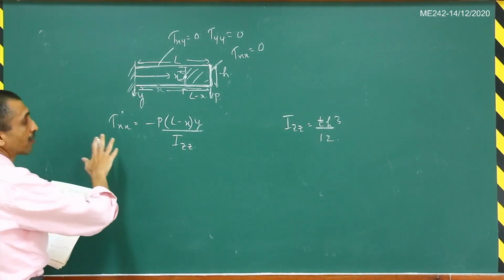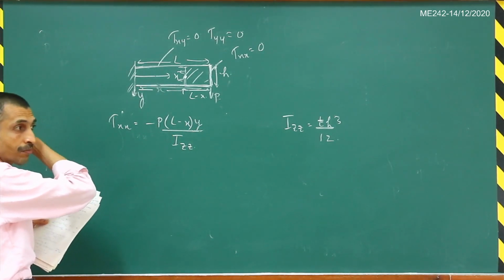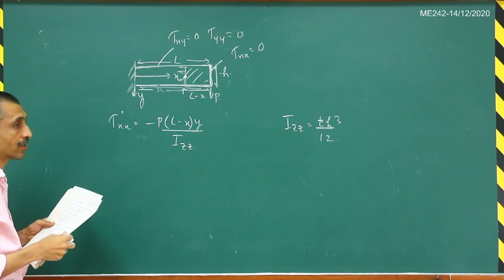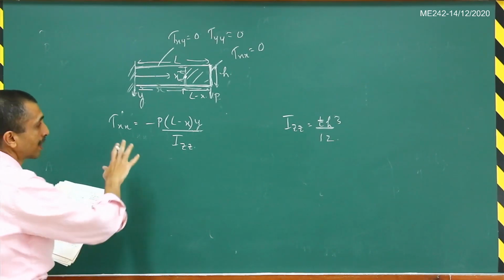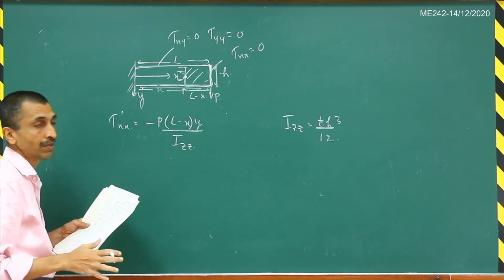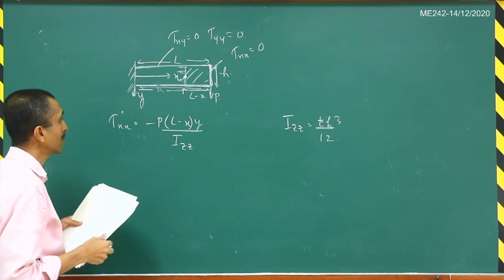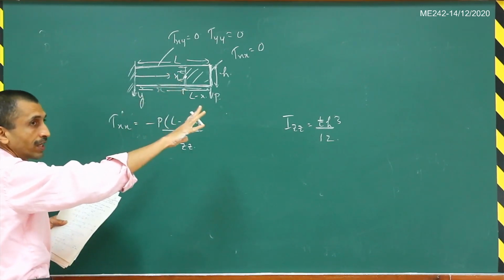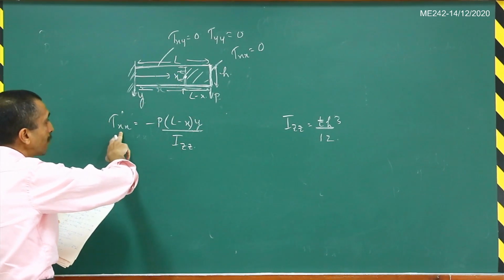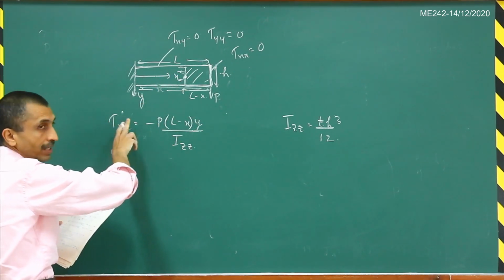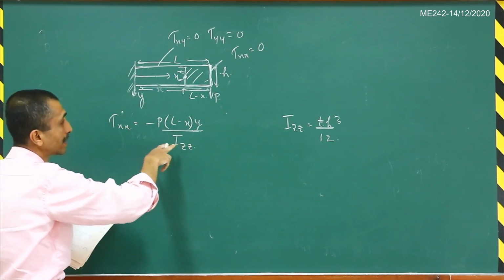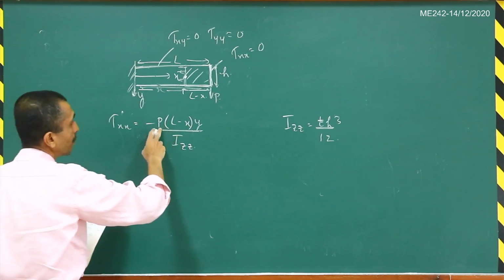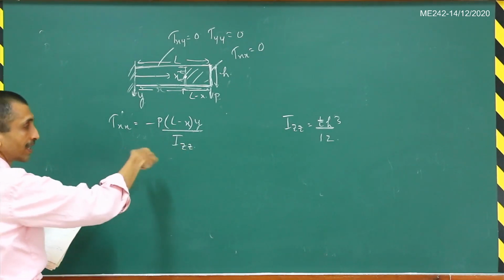Now see, we have not made the usual assumptions that you make in your strength of material solution. This is based on an exact solution for the plane stress case. We found out the Airy stress function, and then the stress from that Airy stress function, and it exactly matches your strength of material solution, because P into L minus x is the moment which I just calculated.